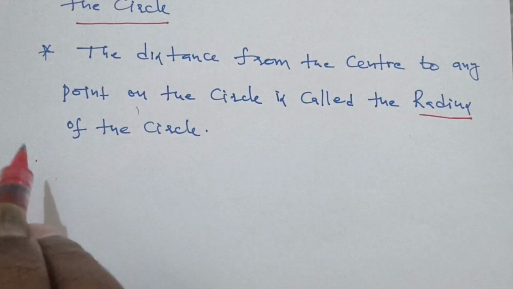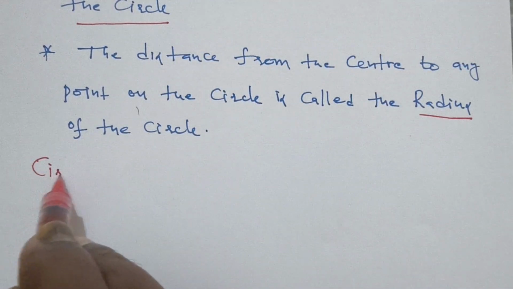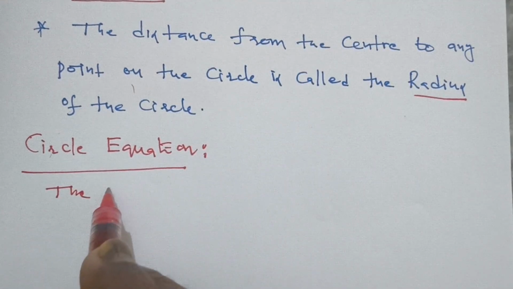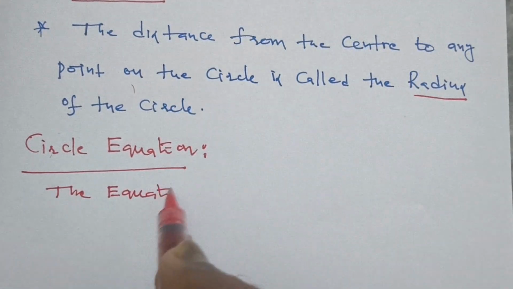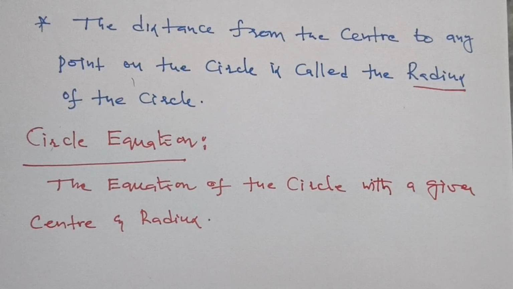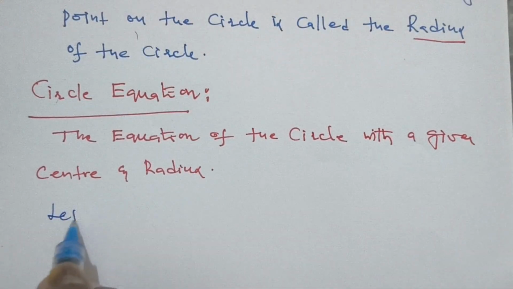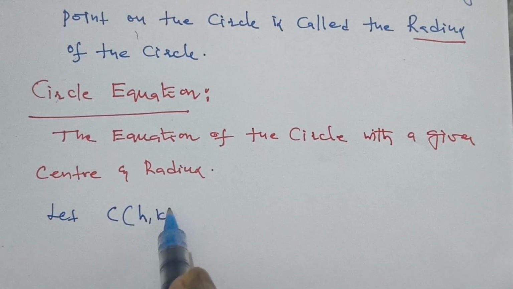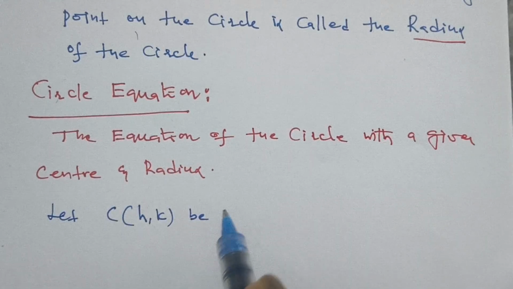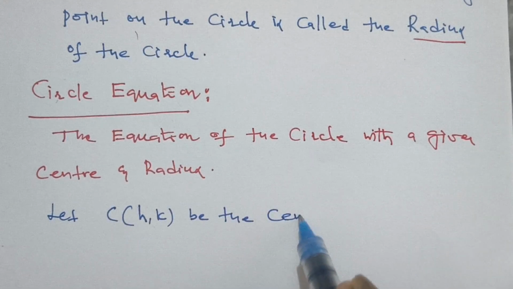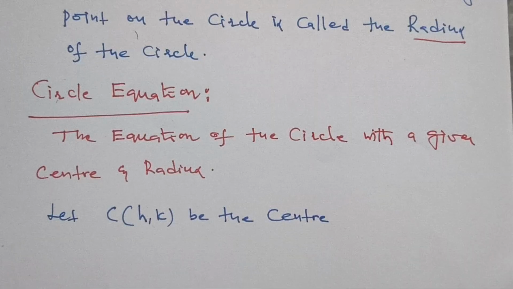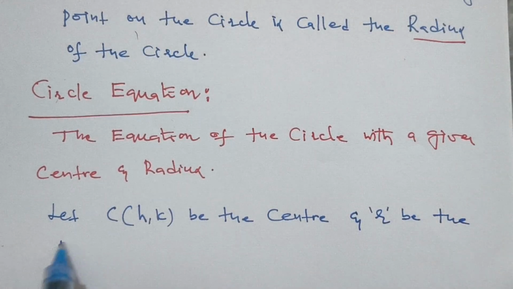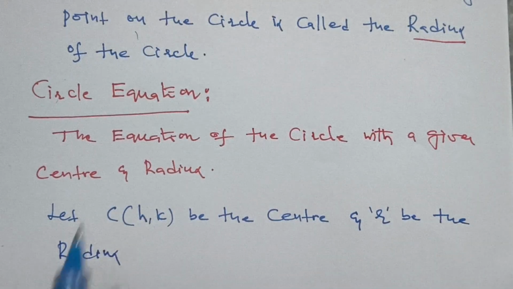Now we derive the general circle equation with the help of the center and radius. To derive this equation, we choose the center coordinates C as h comma k, and a small r as the radius of the circle.